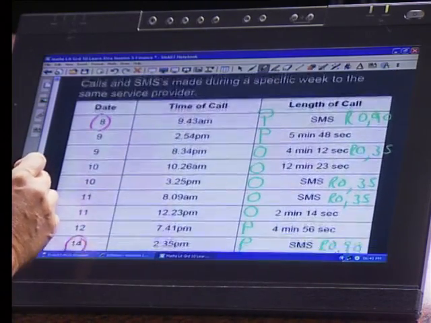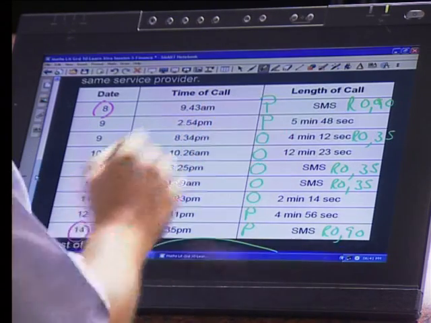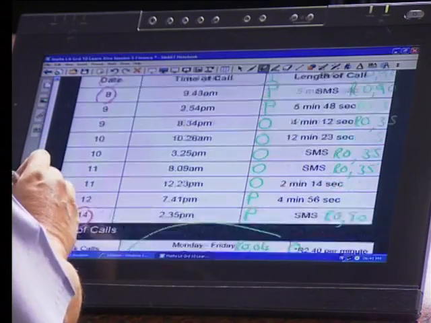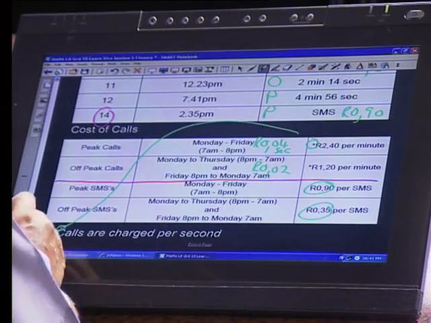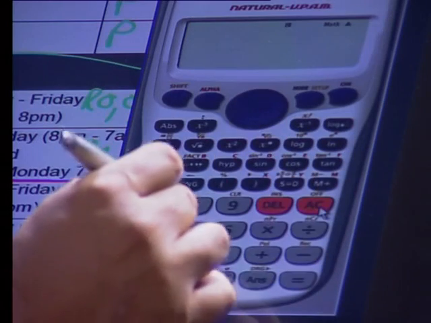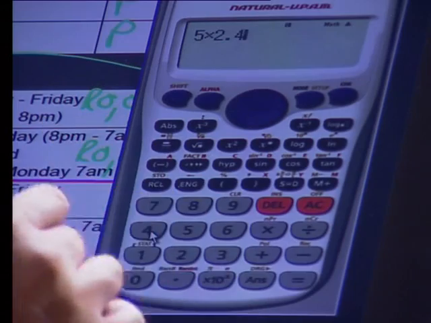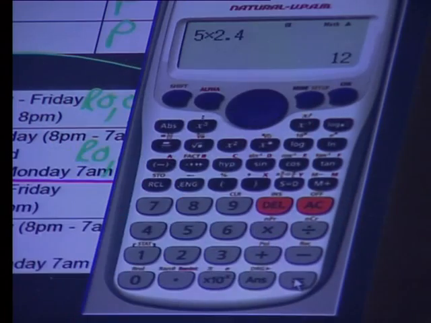Let's use that and let's look here. Peak time, 5 minutes. 5 minutes at 2 Rand 40. So with my calculator, I'm going to say I'm paying 5 minutes times 2 Rand 40. And that gives me 12 Rand. But I've got to add something. What am I going to add?